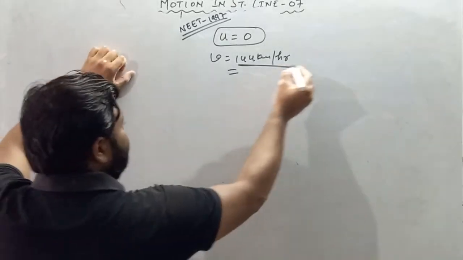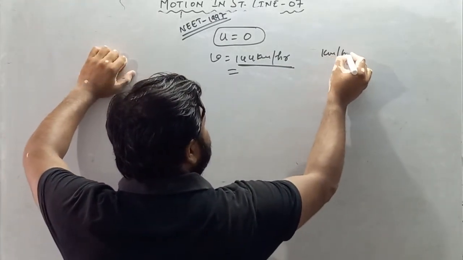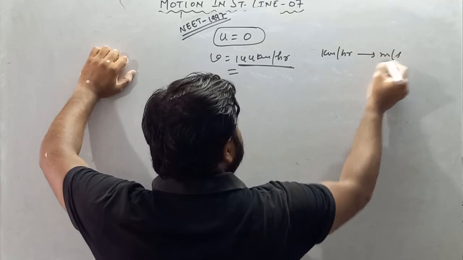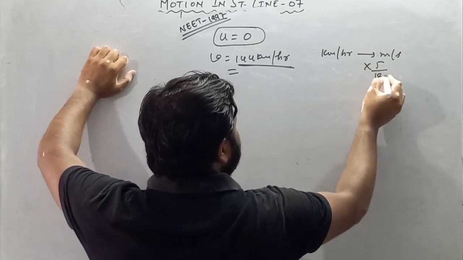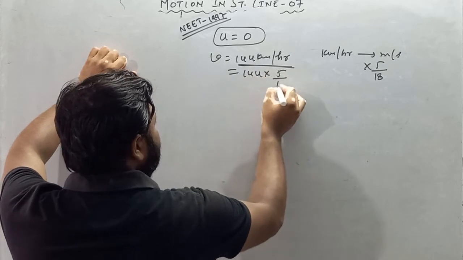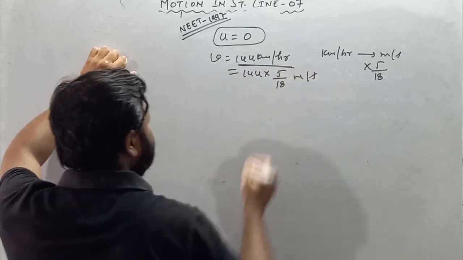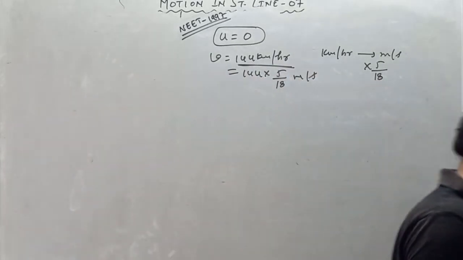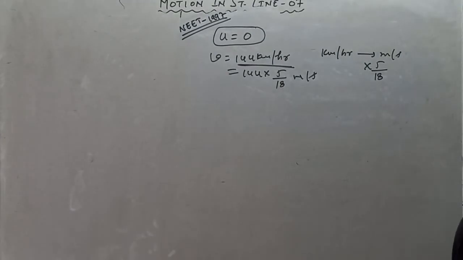For converting kilometer per hour to meter per second, you have to simply multiply by 5 by 18. So it will be 144 into 5 by 18 meter per second. Now they are saying that in 20 seconds, it covers a distance of 1440 centimeter, 2980 centimeter, 20 meter and 400 meters.